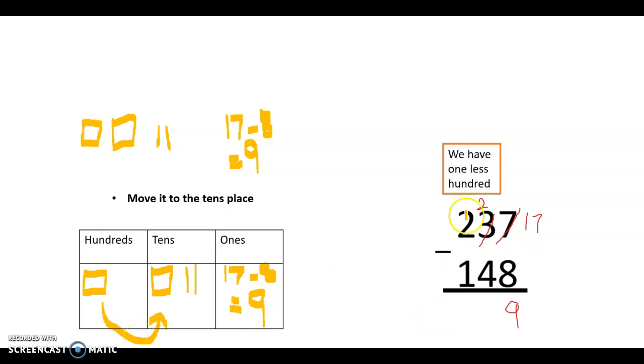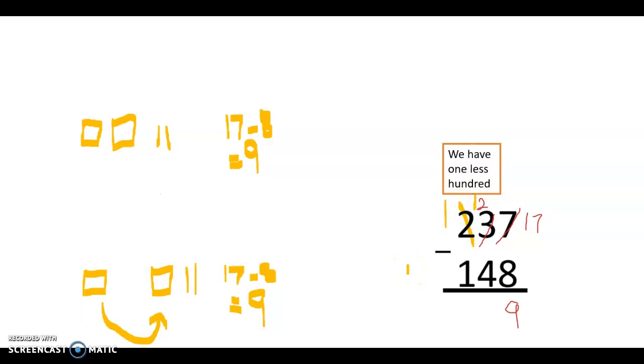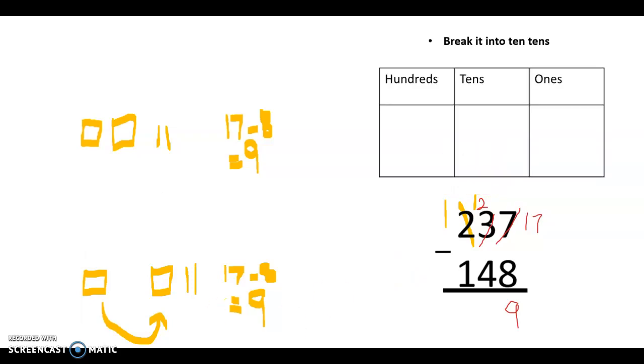So we have 1 less 100 because, see, we borrowed 1 and moved it over to the tens place. So now it's over here. And we have to break that 100 into 10 tens because it is now in the tens place.